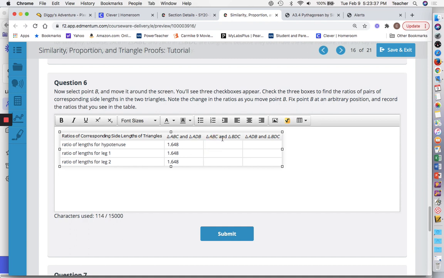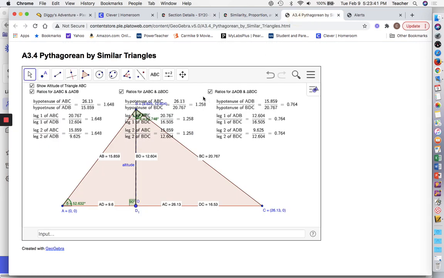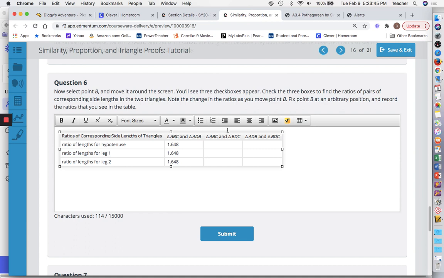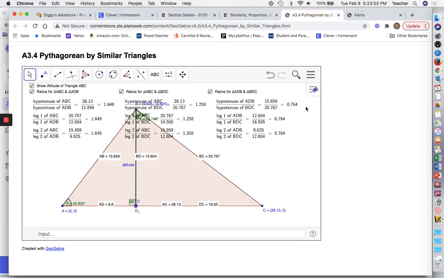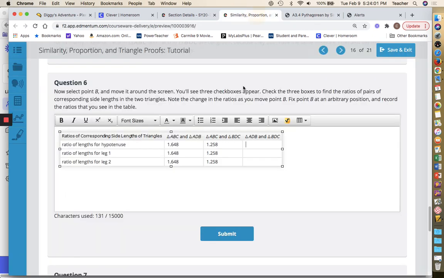Now the one in the middle, ABC and BDC: 1.258, 1.258, 1.258. Last one, 0.764, 0.764, 0.764.